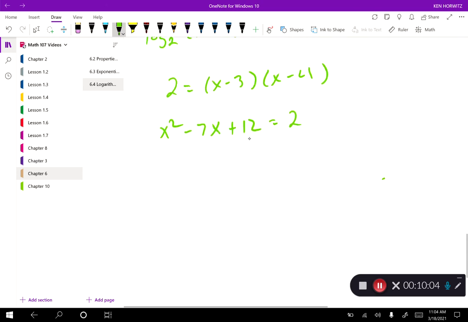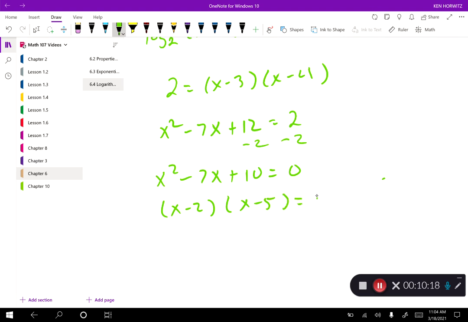Now I'm going to subtract 2 from both sides. I get x squared minus 7x plus 10 equals 0. So I get x minus 2, x minus 5 equals 0, x equals 2, x equals 5.